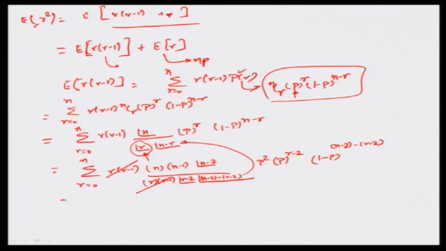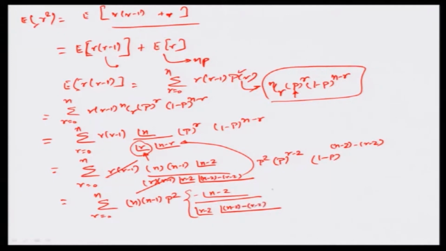We are left with a situation where this is equal to the sum over r between 0 and n of n times n minus 1 times p square times this whole term here, which is the sum of factorial n minus 2 divided by factorial r minus 2, divided by again factorial n minus 2 minus r minus 2, times p to the power of r minus 2 times 1 minus p to the power of n minus 2 minus r minus 2 again.